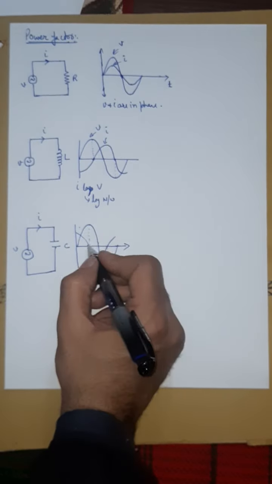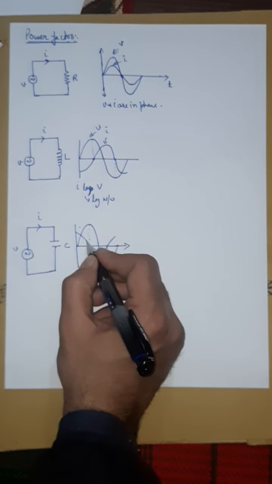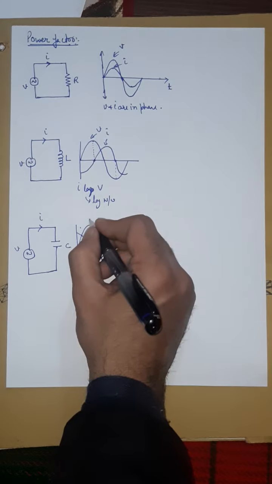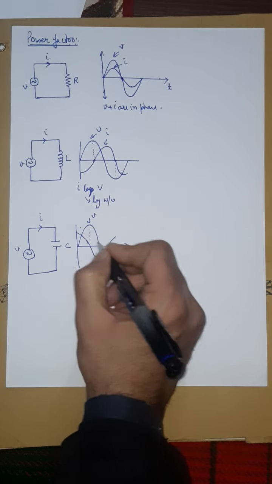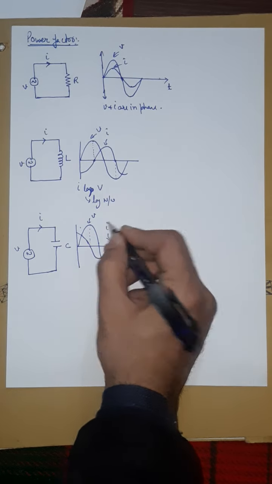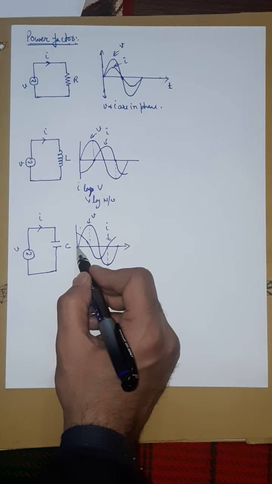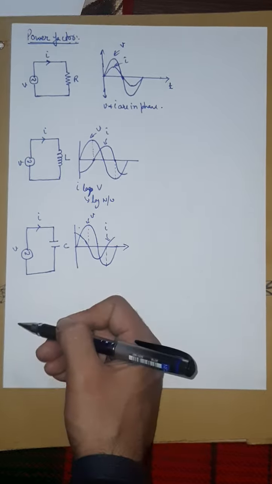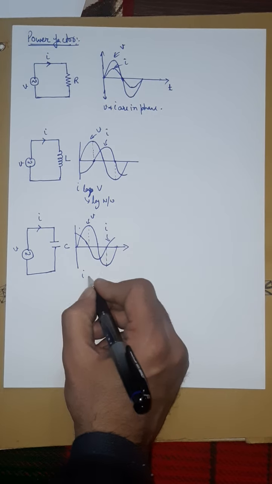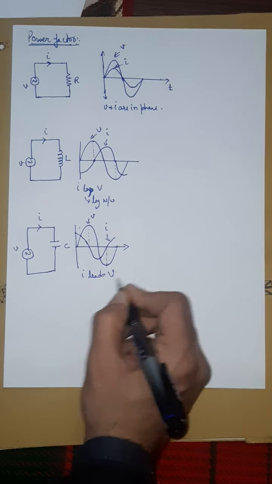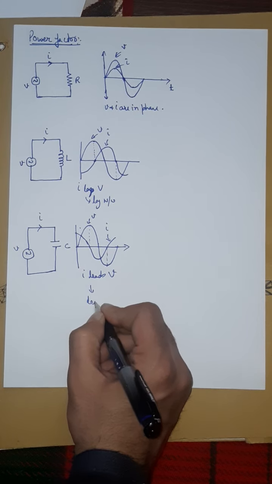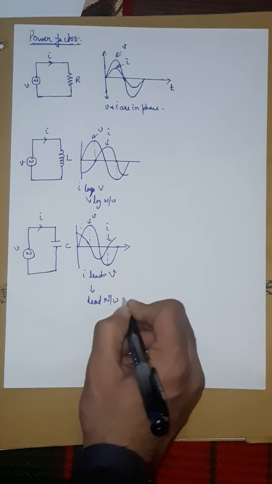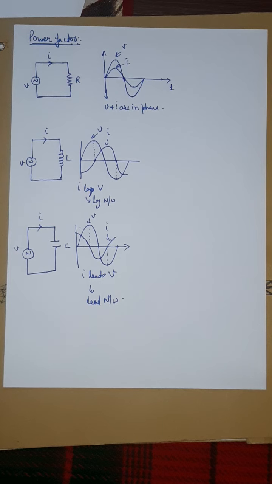You can see here this is voltage V and this is current I. When the voltage is 0, there is some value of current in the system, which is the maximum value of the current. So you can see that I leads V. That is why they are called lead networks. Got it? It is clear.